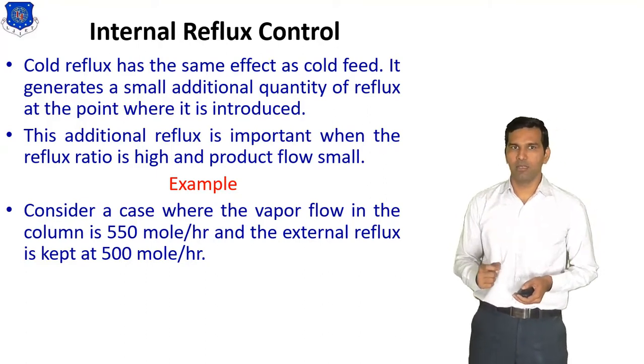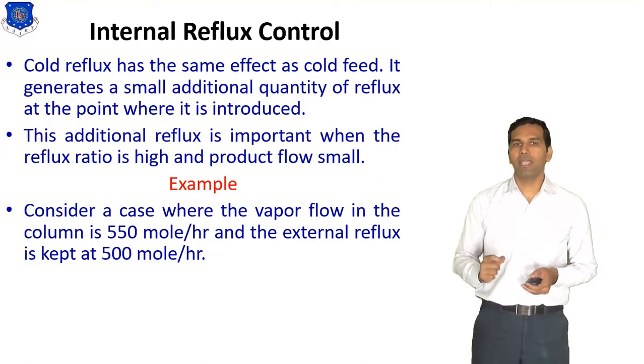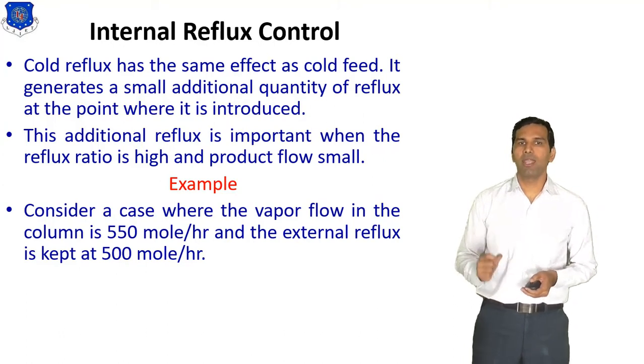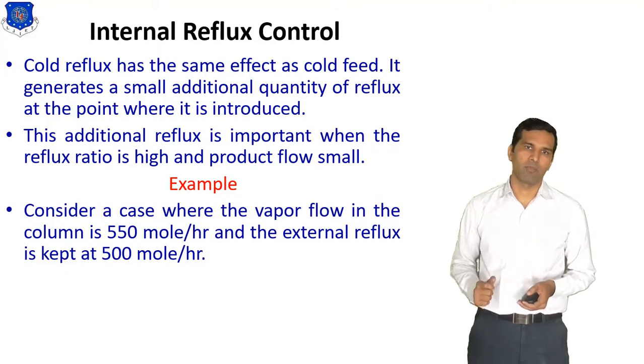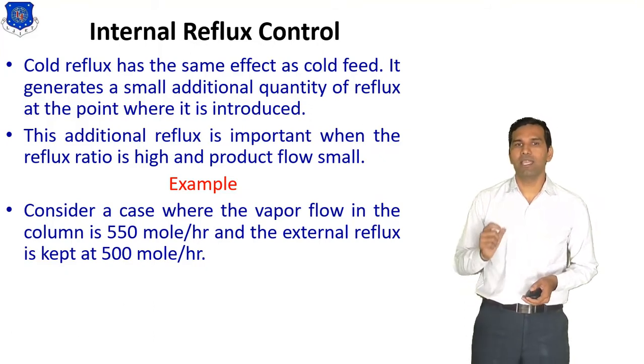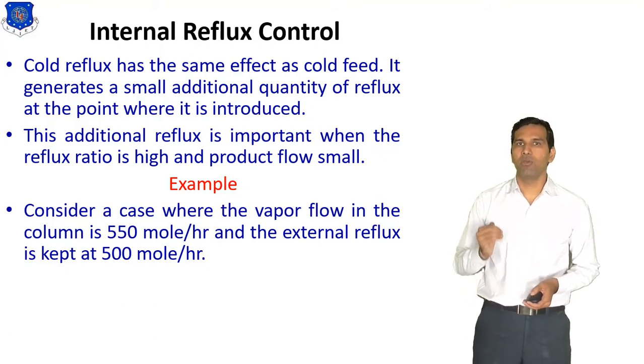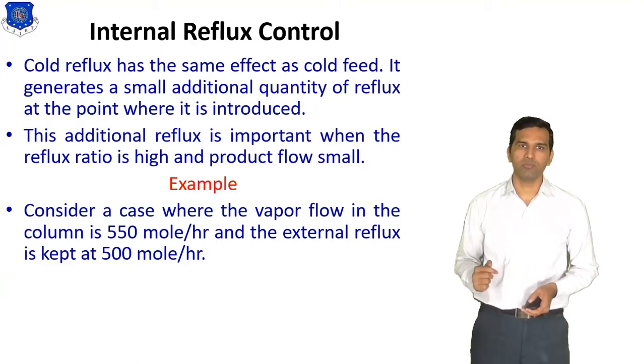So here we consider a case where the vapor flow in the column is 550 mole per hour and the external reflux is kept at 500 mole per hour.